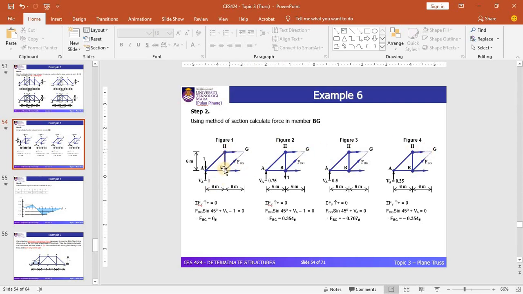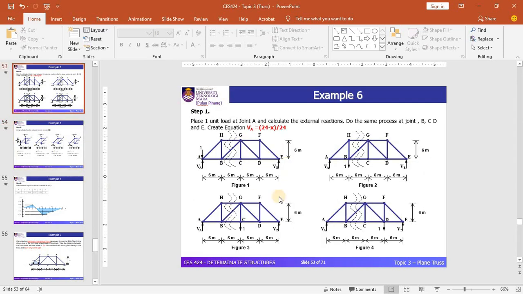In figure 1, the 1 unit load is placed at joint A, where the corresponding value of VA is equal to 1 kilonewton. In figure 2, the 1 unit load has been moved to joint B and the corresponding value of the reaction VA is equal to 0.75. We have determined all these values of VA for different positions of the 1 unit load based on step 1.